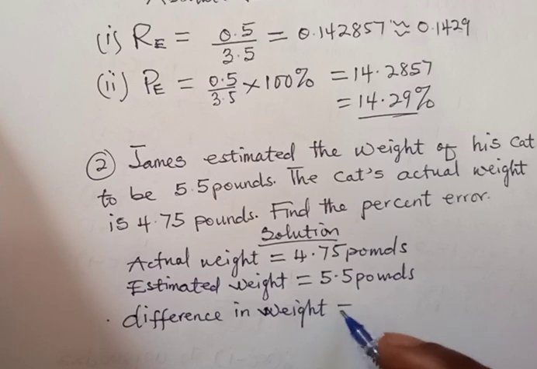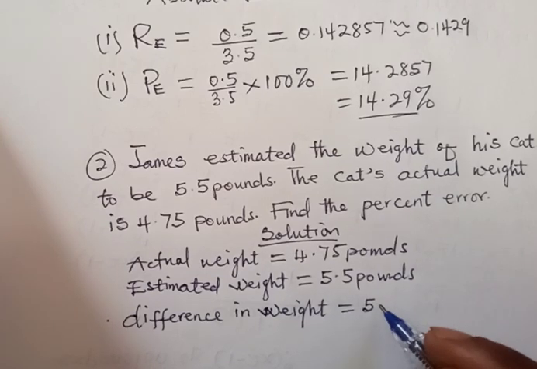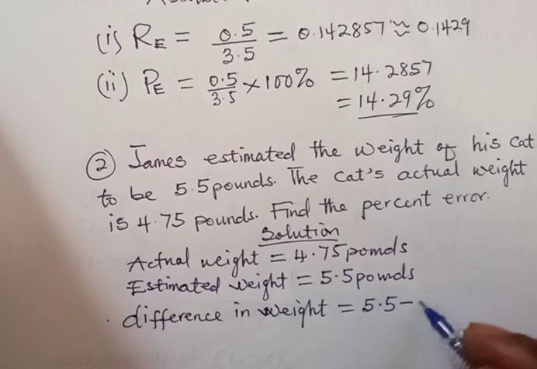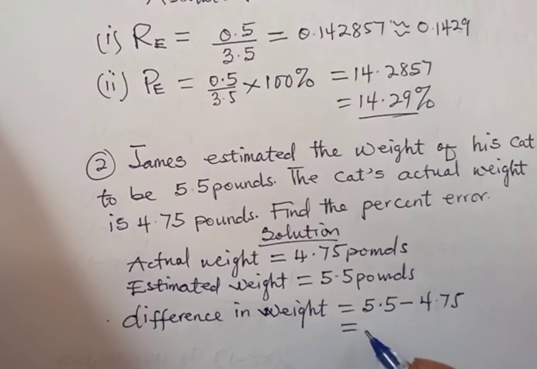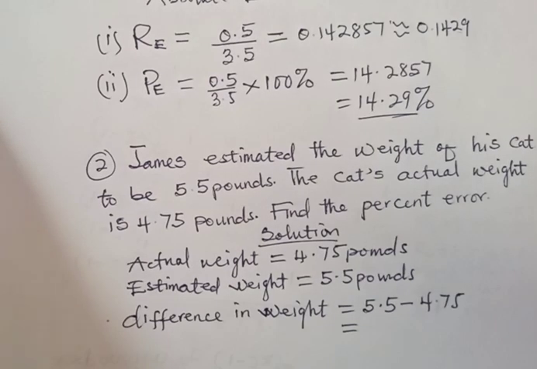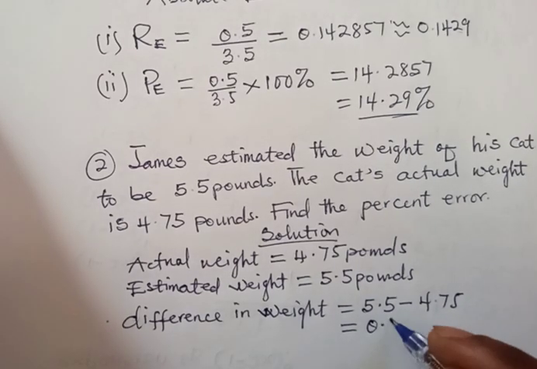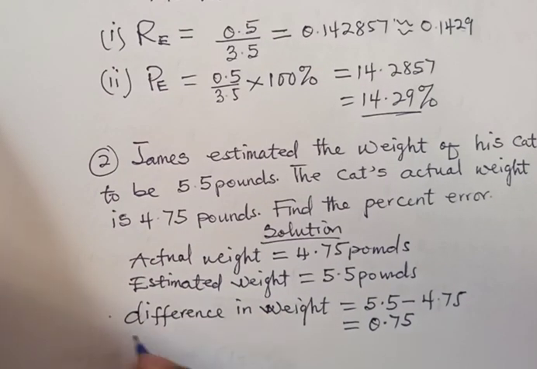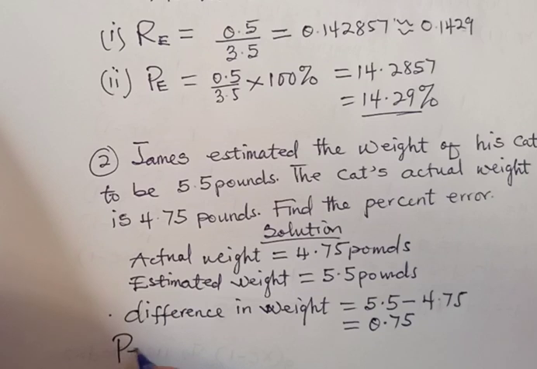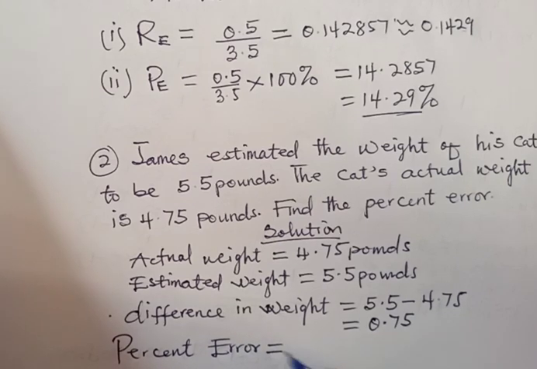Difference in weight is giving us 5.5 minus 4.75, which gives us 0.75. Great. So we are finding percent error, which is giving us absolute error.